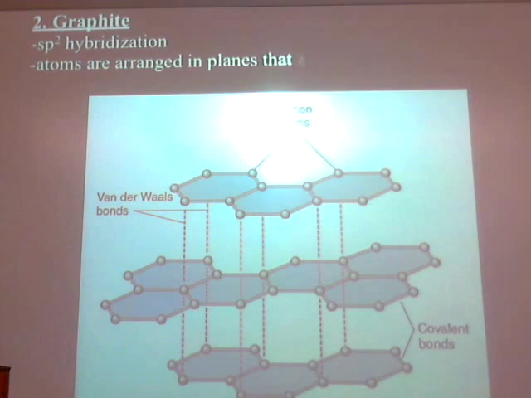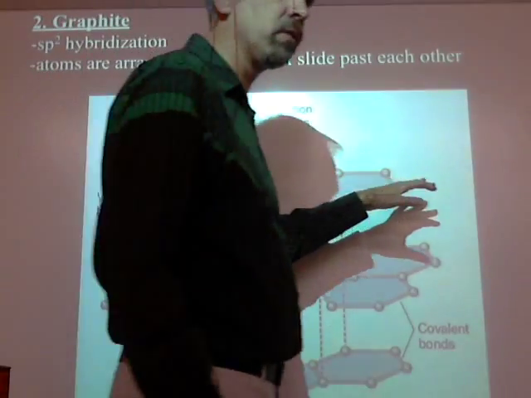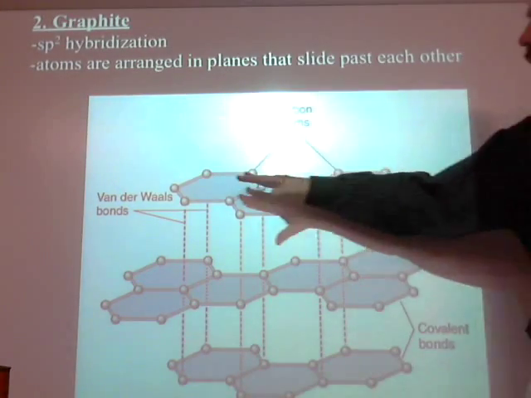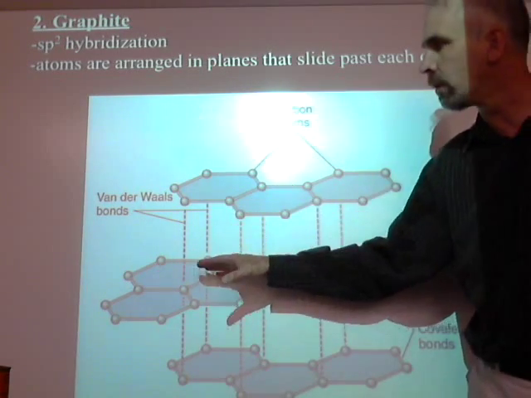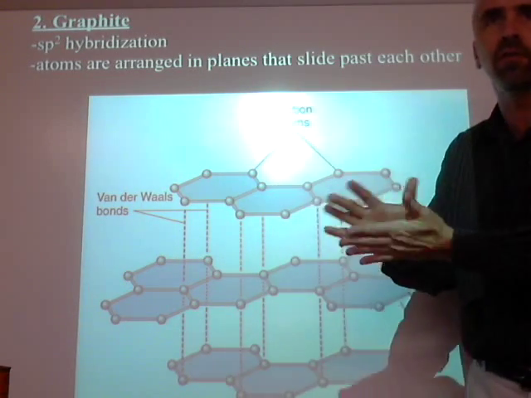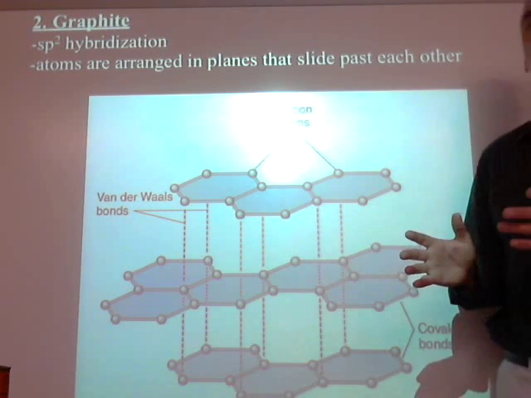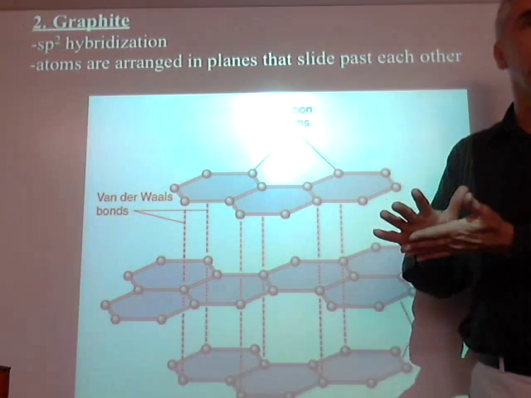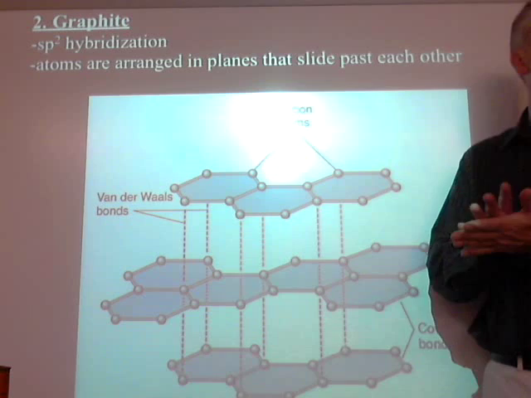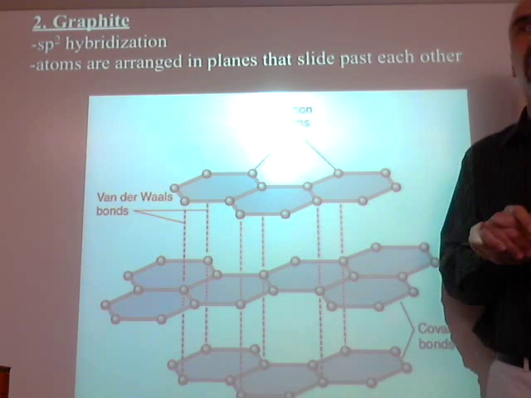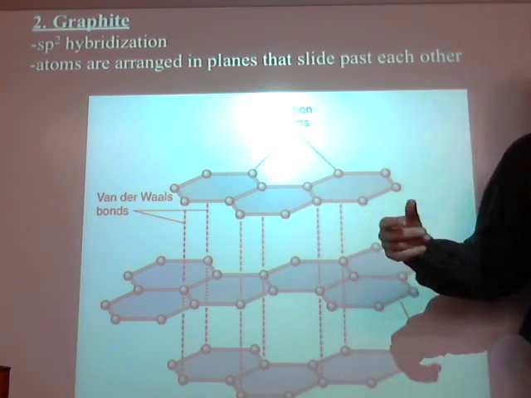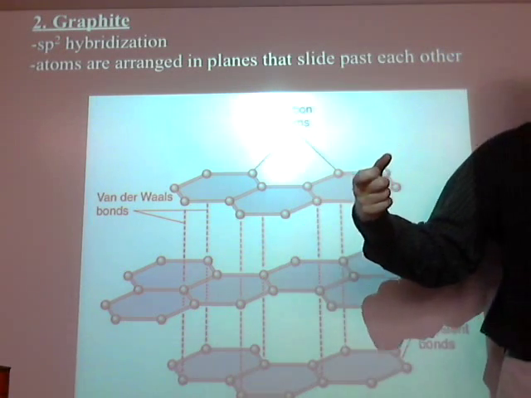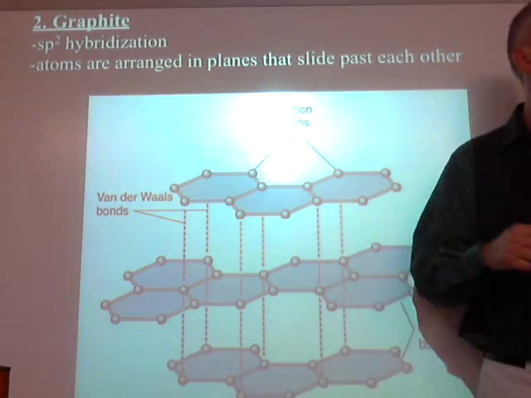With sp2 hybridization, the atoms are arranged in planes. They're all bound very, very tightly together, but the individual planes above and below each other are able to slide past each other, which is why we also use graphite as a lubricant. It used to be added to motor oil, for example. If your key isn't turning right in your car, you can spray graphite into the lock, and that helps sometimes, they say.